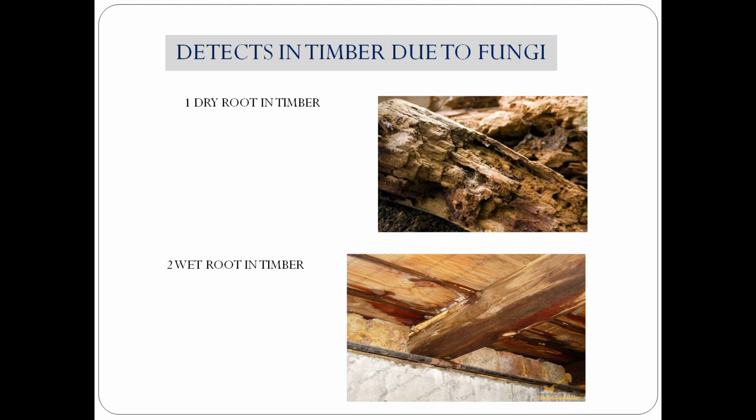Now, defects in timber due to fungi. Dry rot in timber. Dry rot is caused by certain types of fungi that eat wood for their living. They make food by converting timber into dry powder. This occurs mainly when there is no ventilation of air or if the wood is improperly seasoned.